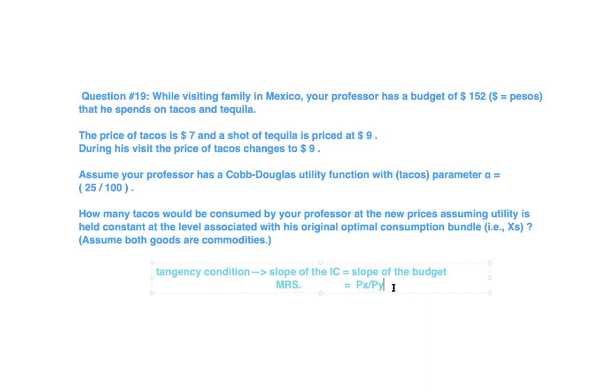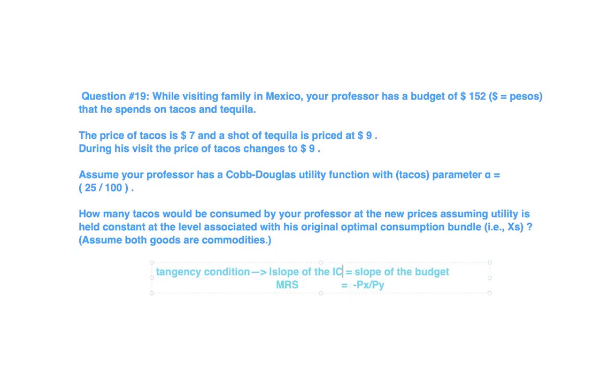Technically, it's minus PX over PY for the slope of the budget. But the marginal rate of substitution technically is the absolute value of the slope of the indifference curve.